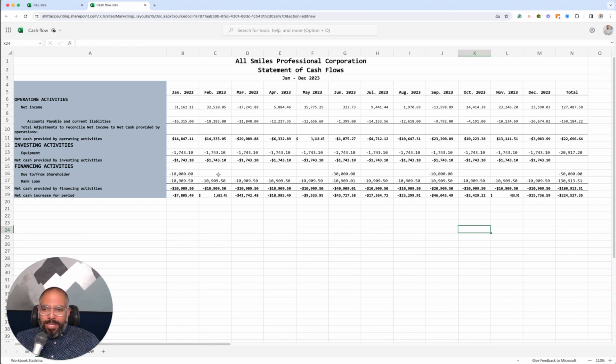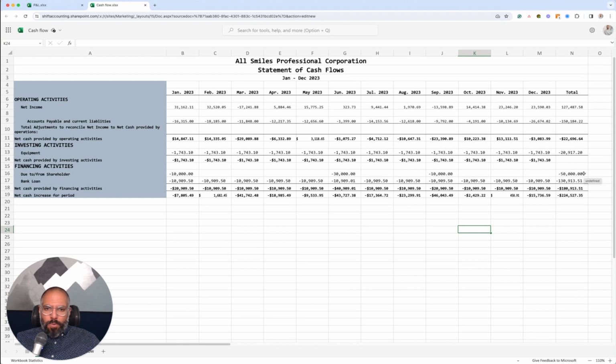But we can see that the owner of this clinic, in addition to the associate fee that he or she got paid, took an additional $50,000. Okay. Then we have a loan payment of $10,909 per month. So that is factoring into the cash flow statement.